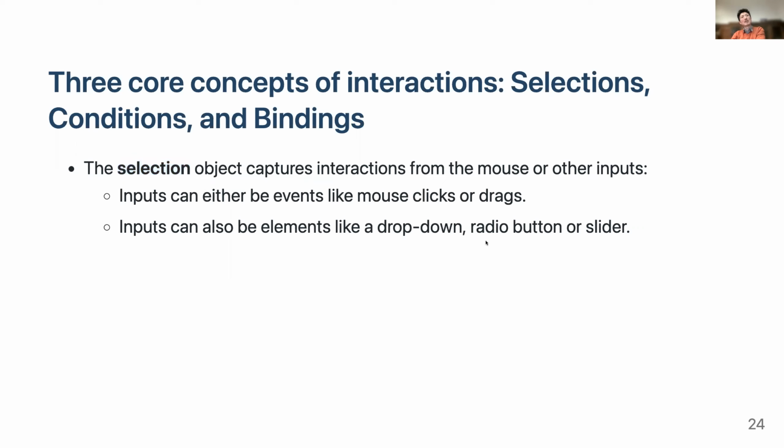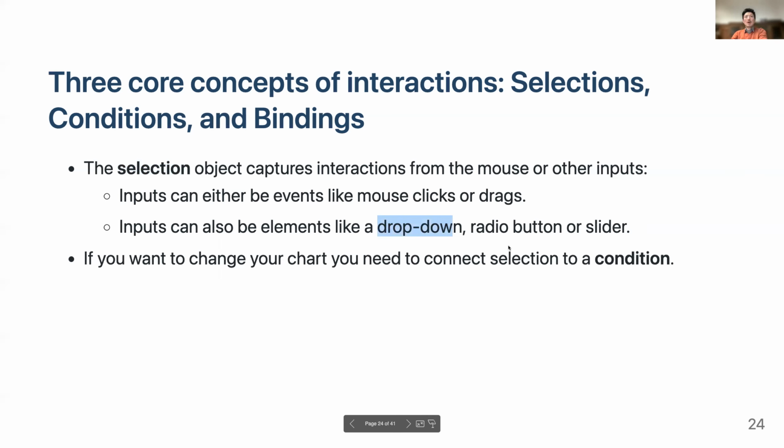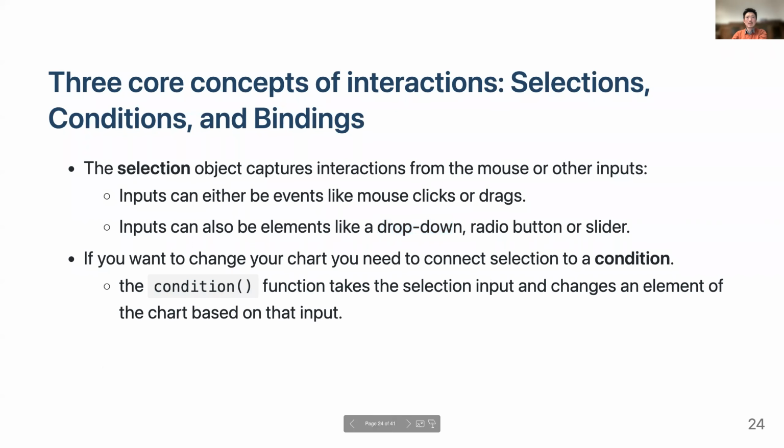Okay, and then the input does not even have to be in the chart itself. It can be outside the chart, like a drop-down menu or radio button, which we'll see very soon. And then the condition functions basically connect the user interaction, for example from a drop-down menu or radio button, and link that to part of the chart.